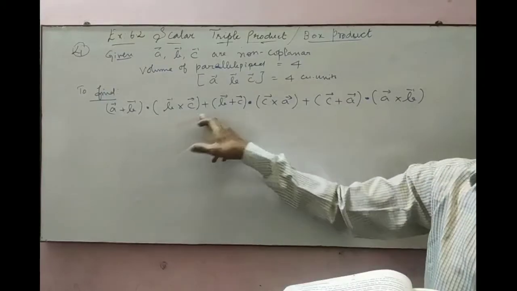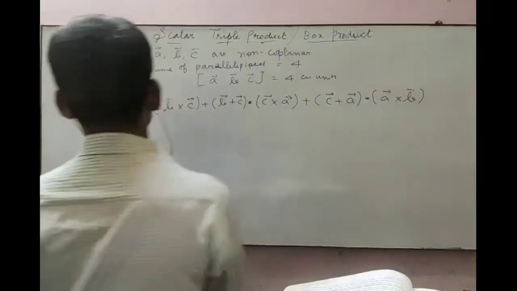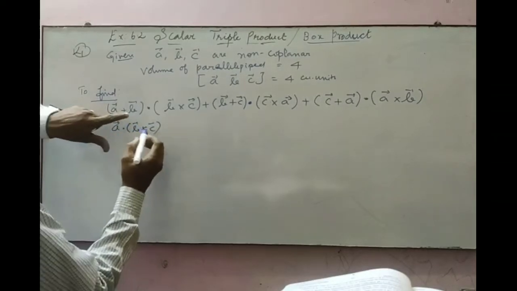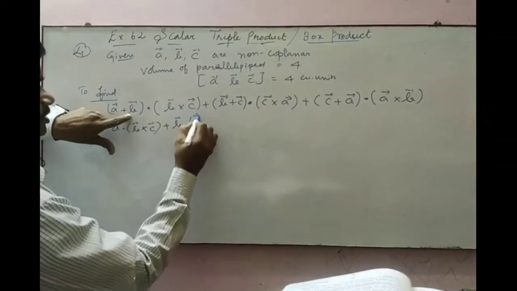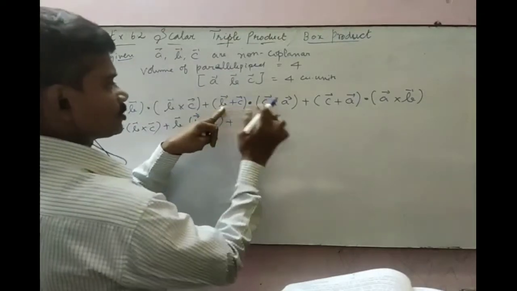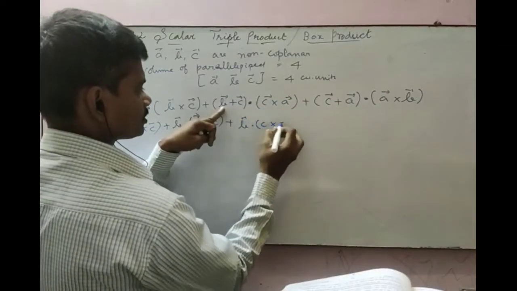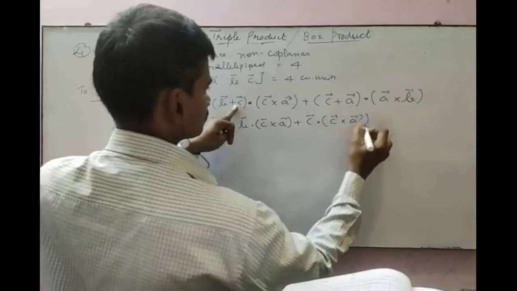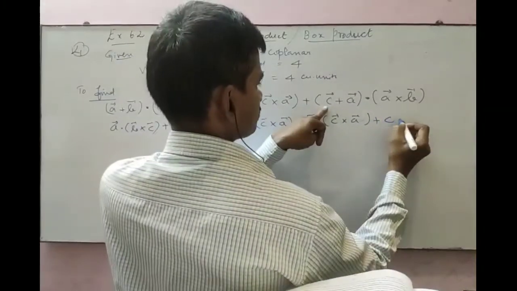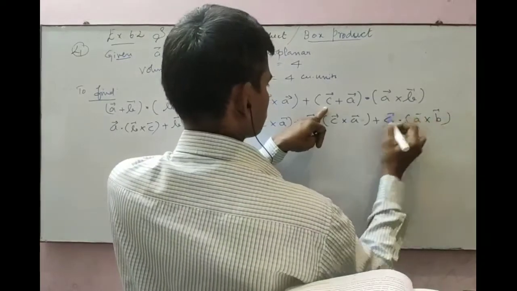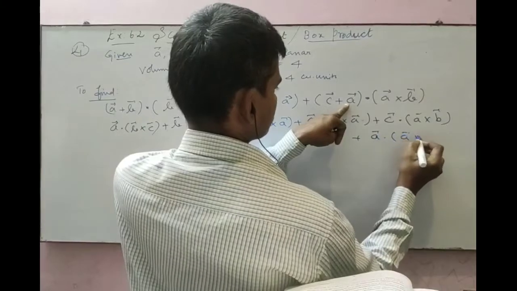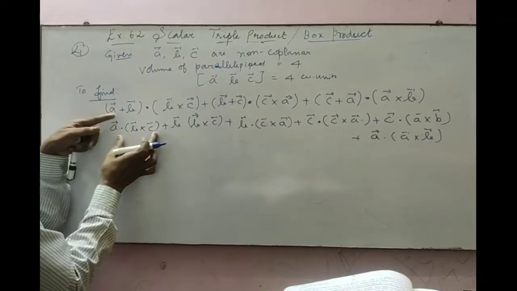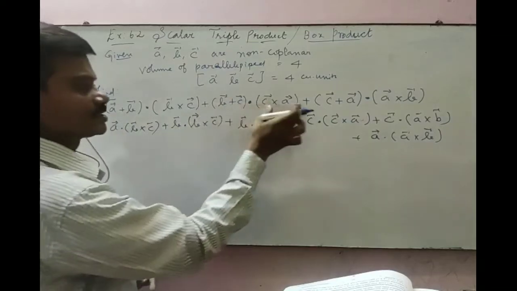Now I am going to expand this A plus B dot B cross C. Expanding, A dot B cross C, plus B dot B cross C, plus B dot C cross A, plus C dot C cross A, plus C dot A cross B, plus A dot A cross B. So this is the way of expanding this: A dot B cross C, B dot this vector, B dot that vector.